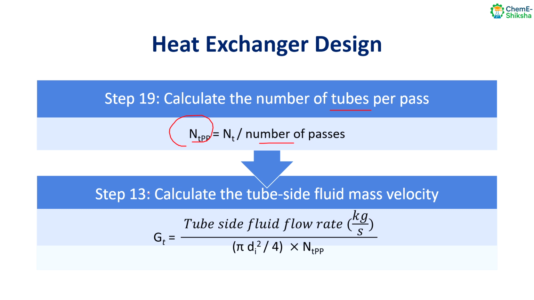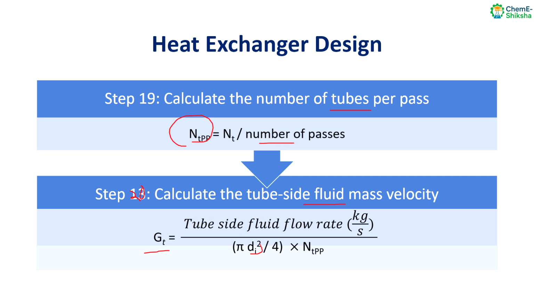In step number 20, we have to calculate the tube side fluid mass velocity, that is GT. So GT equals the tube side fluid flow rate in kg per second divided by pi di square by 4 into NTPP.